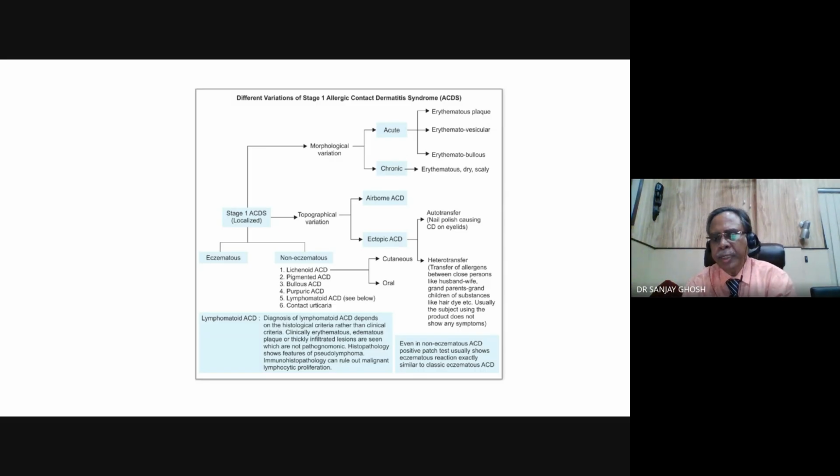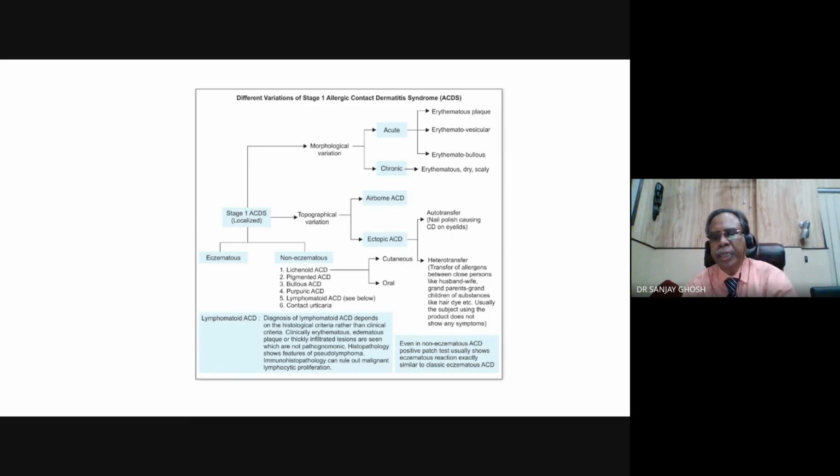So whenever you are doing a patch test or getting some rash on a female, you also have to ask her partner whether he is using any hair dye, not herself alone. This is called heterotransfer, and children are very commonly affected by it. People use spray deodorant, and that can cause airborne allergy in the child.